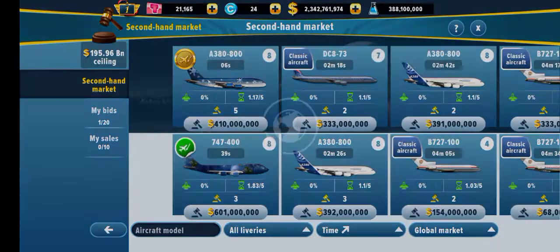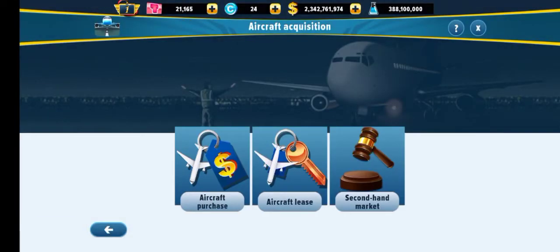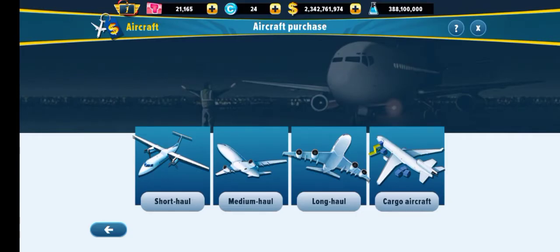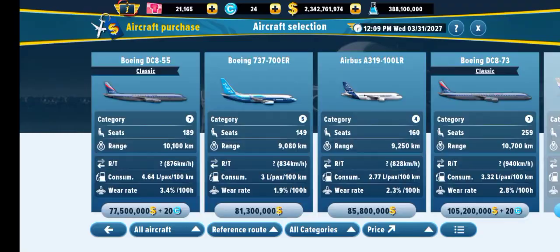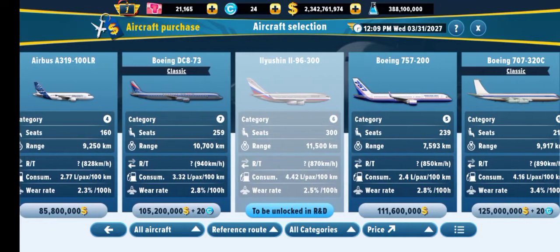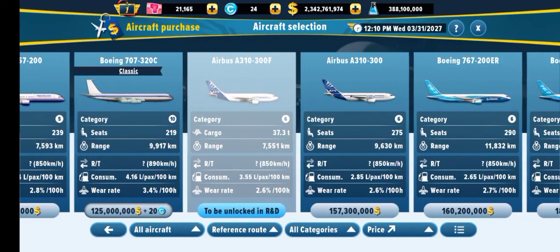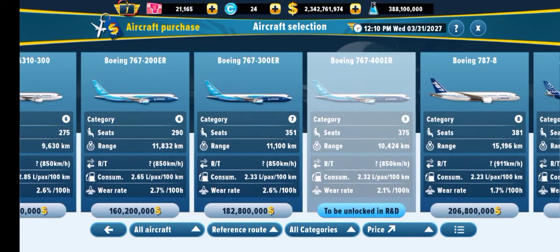But my actual aircraft that I am gonna be buying is an A330. Now I honestly like the 777 family of aircrafts, but I do like the A330 because of its tilted landing gear.